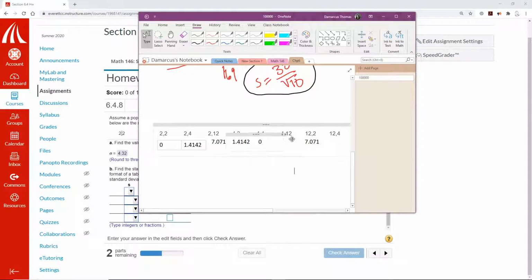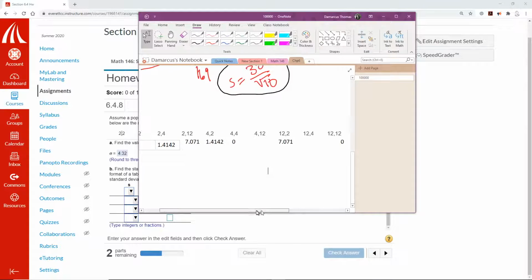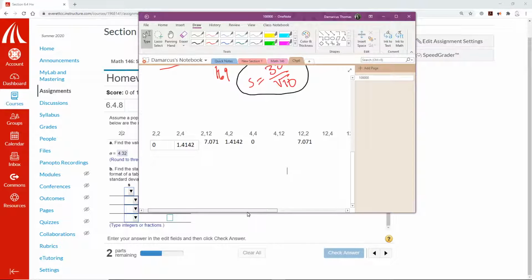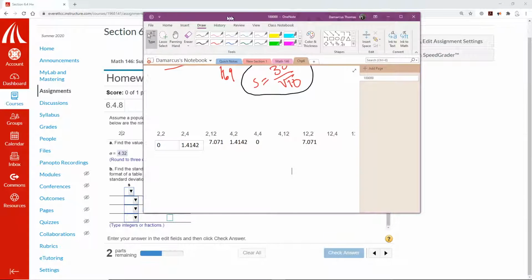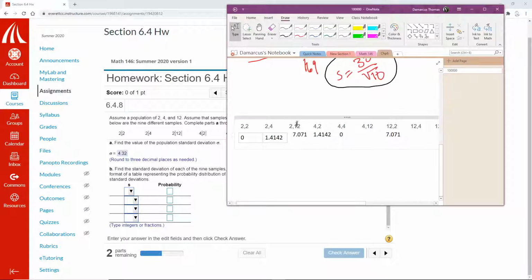And now I've got to do 4, 12 and 12, 4. So I'm just simply finding the deviation of all my little tiny samples. This is like micro stats. There's no real application for this. They just want you to do this so that you can understand that there are different types of distributions. So we're going to look at the standard deviation sampling distribution. That's what this is going to be called. That's what it's forming, a little deviation. A probability distribution as well.